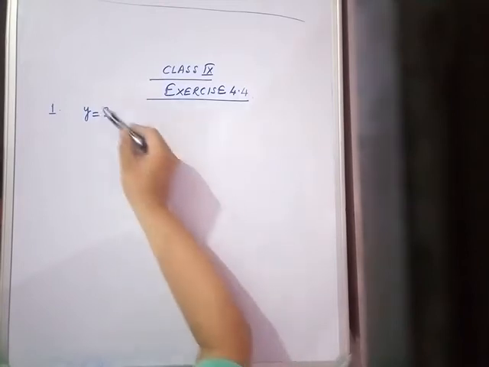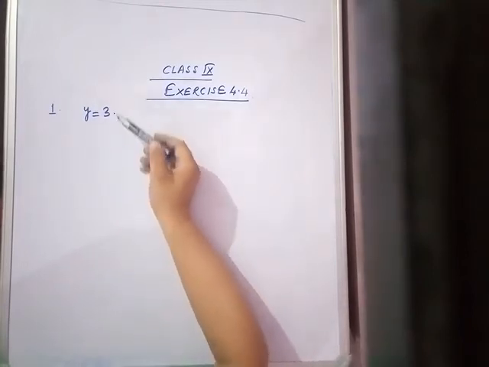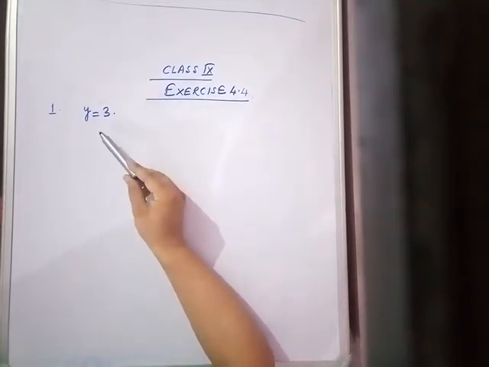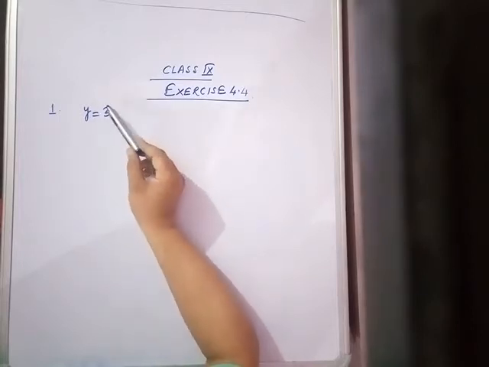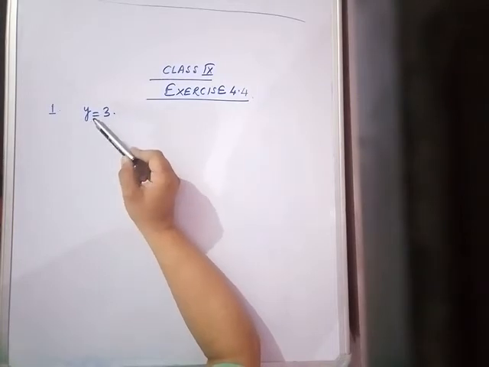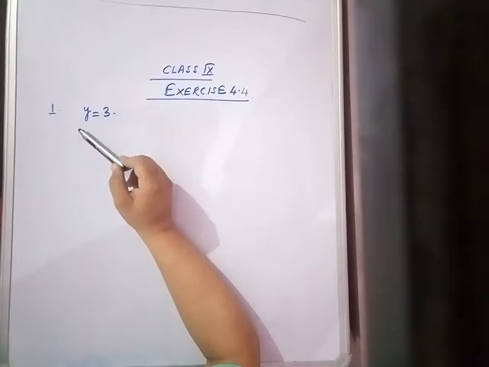If this is treated as an equation in one variable y only, then it has a unique solution. In case of one variable, it has a unique solution which is a point on the number line.